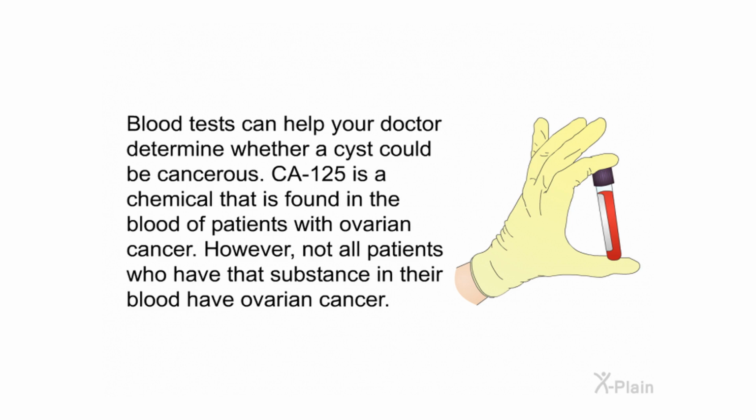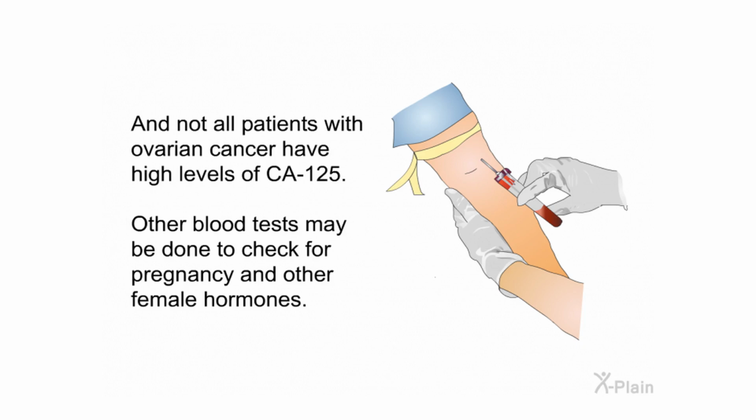Blood tests can help your doctor determine whether a cyst could be cancerous. Ca-125 is a chemical that is found in the blood of patients with ovarian cancer. However, not all patients who have that substance in their blood have ovarian cancer. And not all patients with ovarian cancer have high levels of Ca-125.